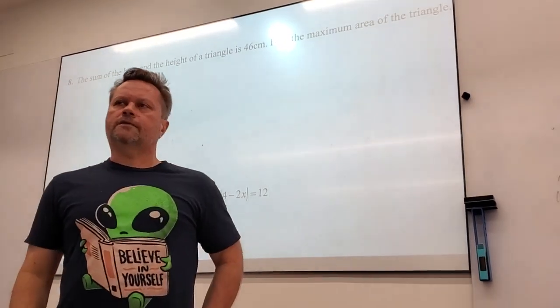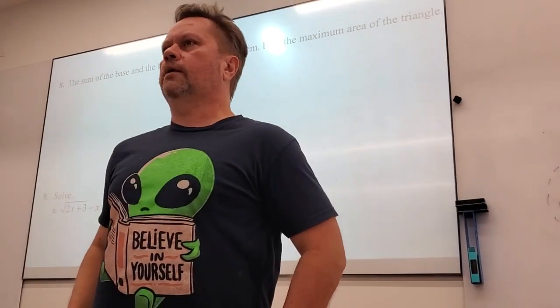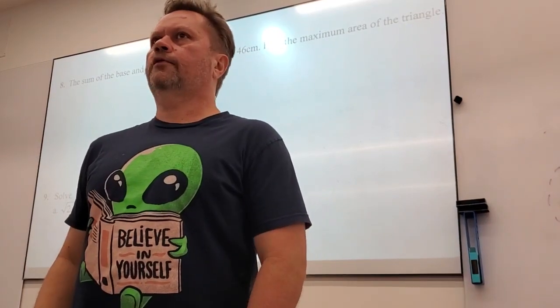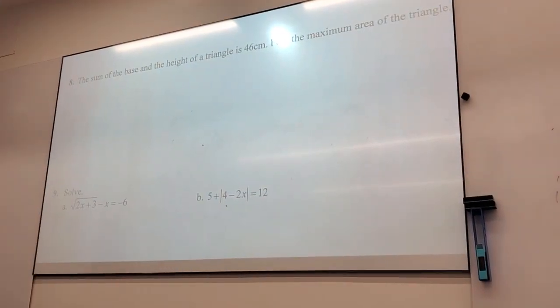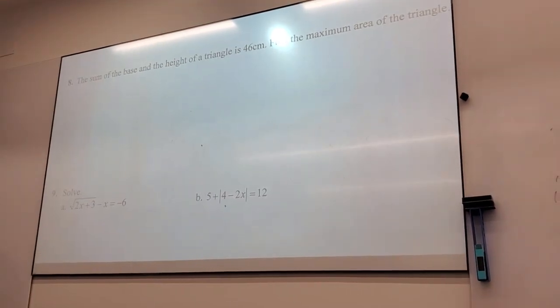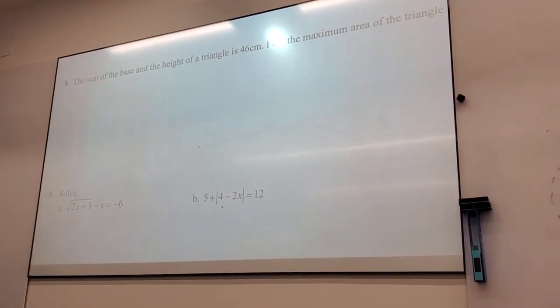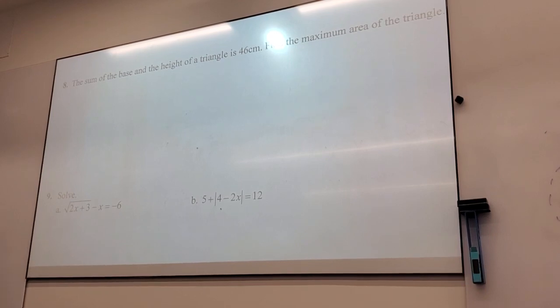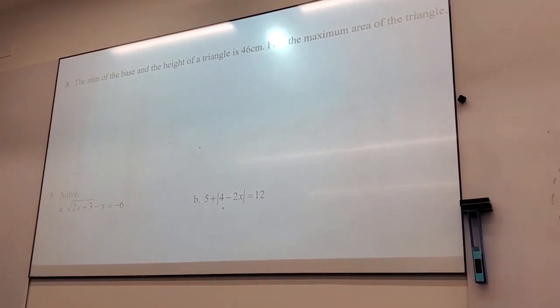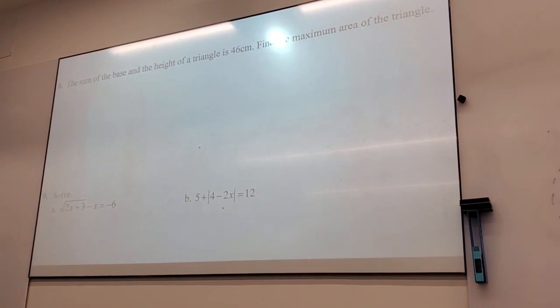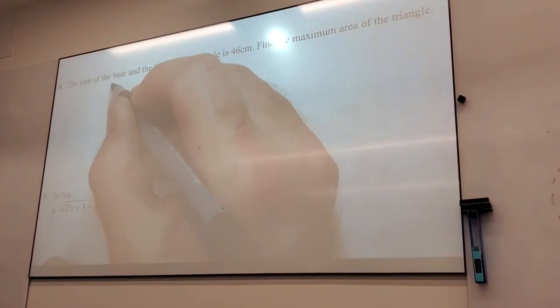From the very first sentence, what can you immediately write in math-ish from that English? The sum of the base and the height. So, which things do you not know in this problem? So what do you want to call the base?